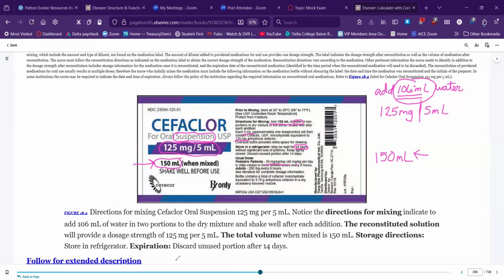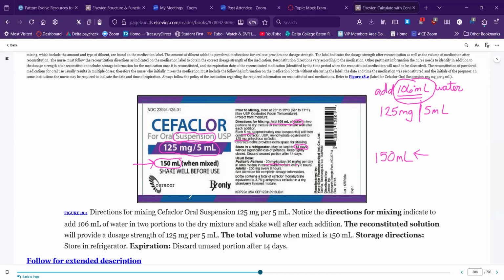If it's telling me, did it tell us how much was ordered on here? Not on this one. The questions were, let's say, how much diluent must be added to prepare the solution, what type of solution is used, the final dosage, and how should the medication be stored.